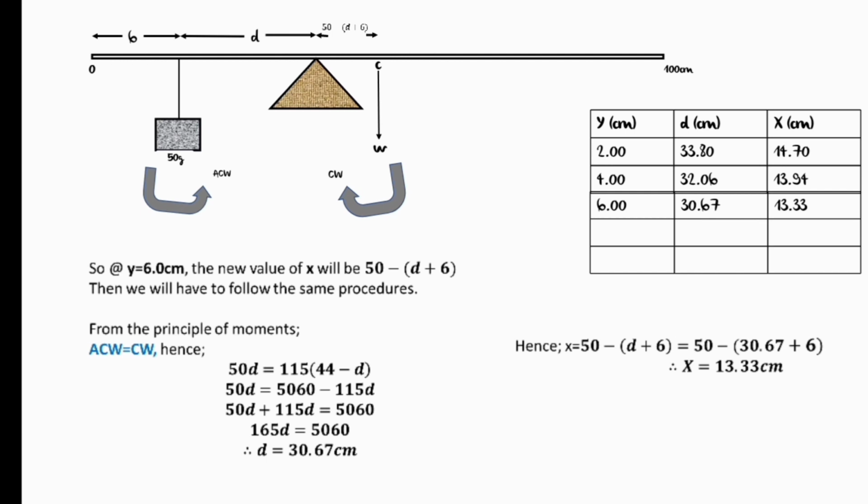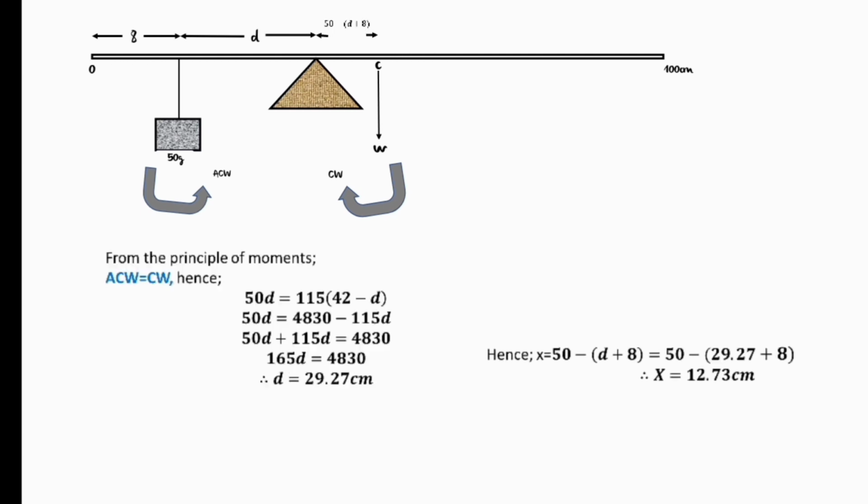Then the same procedure goes for when y is equal to 8. So at y is equal to 8.0 centimeter, following the same principle, we can see there is a pattern followed here. You can see everything has 50d is equal to 115 open bracket 42 minus d.